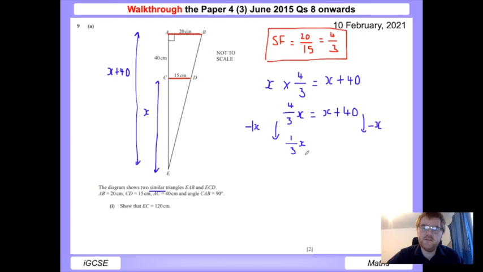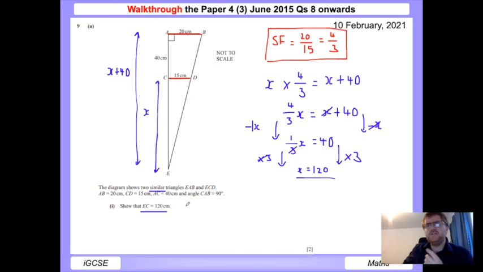Remember, 1 is the same as 3/3. 1/3 x equals 40. And what's the opposite of dividing by 3? Well, we times by 3. Most of you can see the answer here at this point. This cancels here. And we're left with x equals 120, which is good because that's what the answer should be, because that's what it says there.